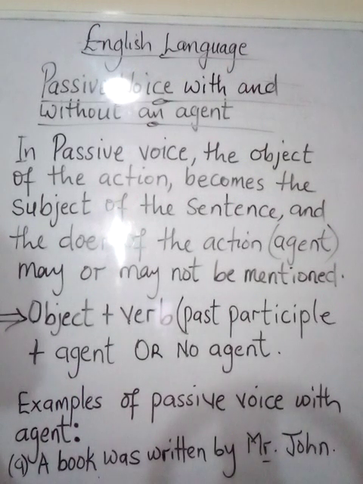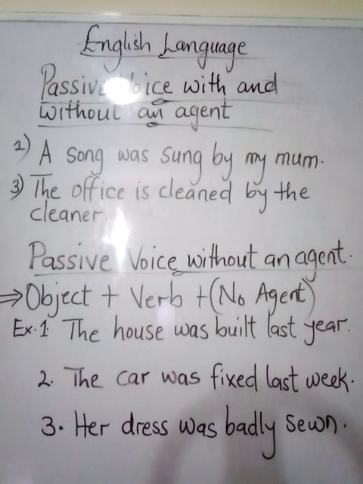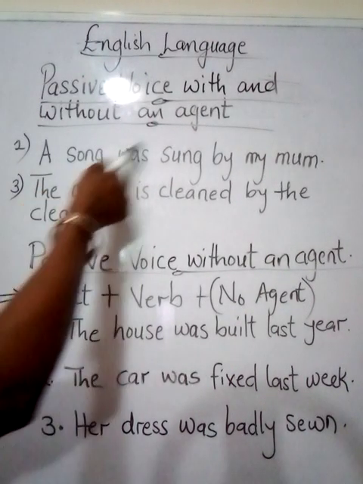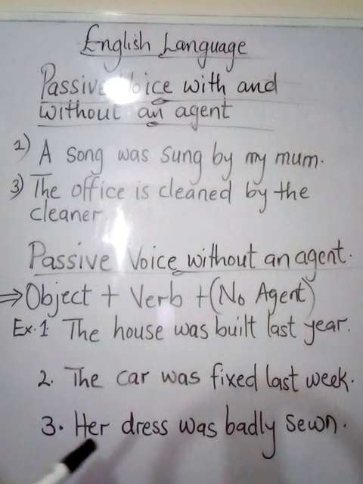Then we also look at the second example. My mom sang a song. Okay, so the second example here is a song was sung by my mom. Remember, in the active voice, we had an example that said, my mom sang a song.